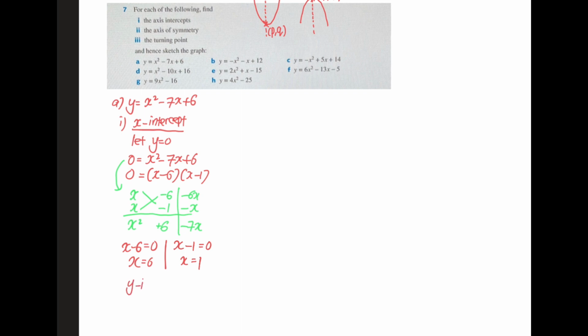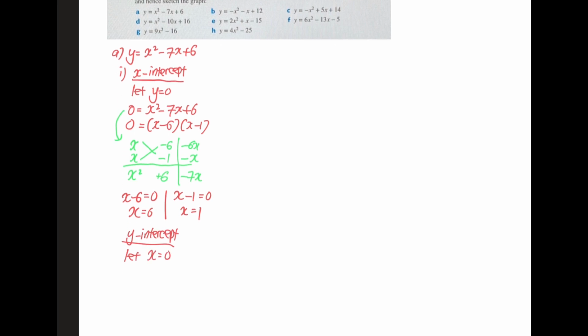Now we have to find the y-intercept. So we let x equal to 0. We substitute 0 here and here, then we find y. So y equal to 0 squared minus 7 times 0 plus 6.